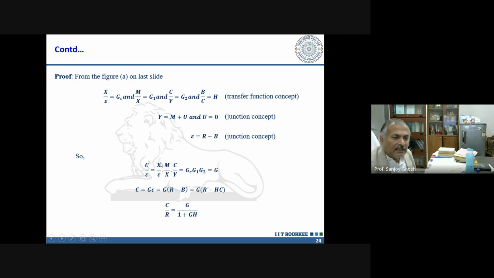To get that, X by E is GC, M by X is G1, and C by Y is G2. So C by E is nothing but G.